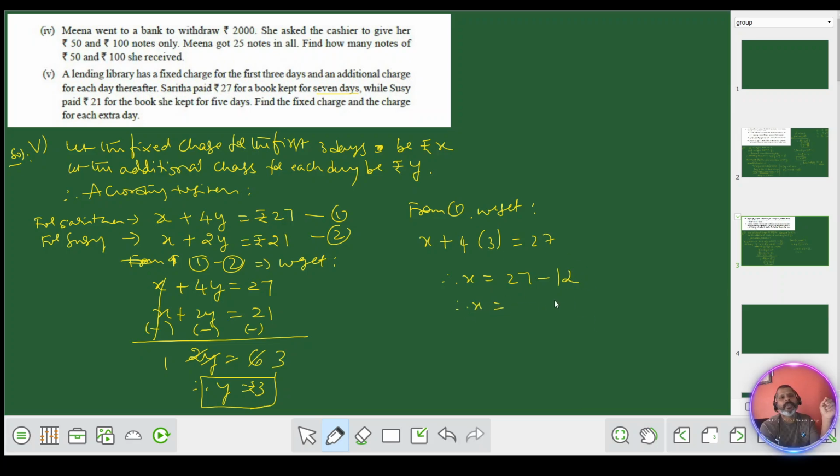Therefore x equal to 27 minus 12, which is 15. Put the rupees symbol here.